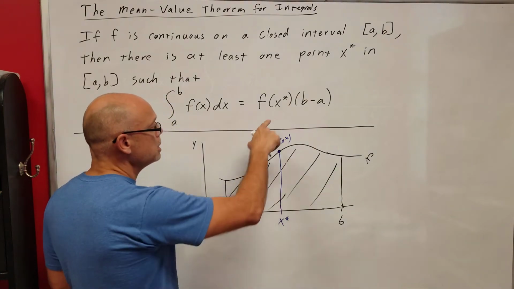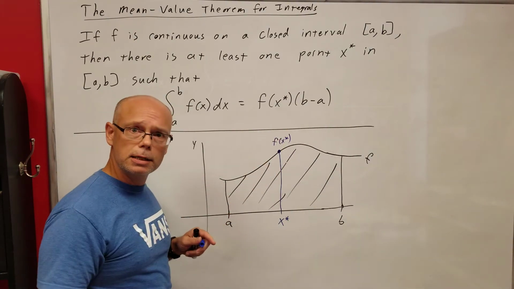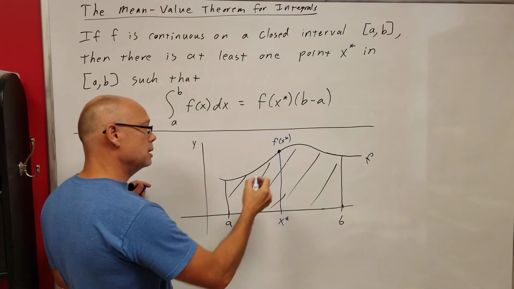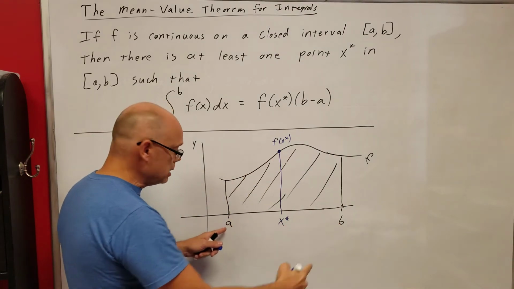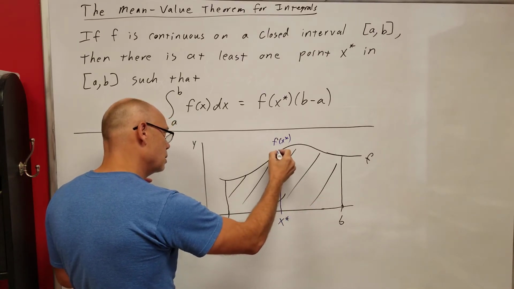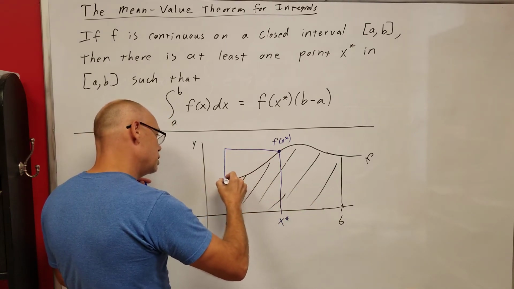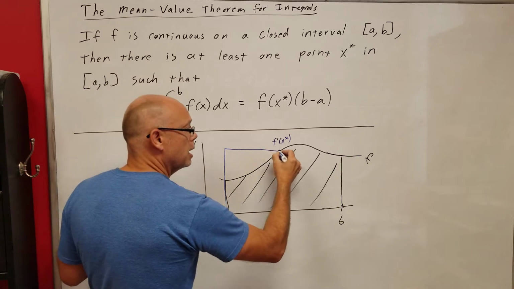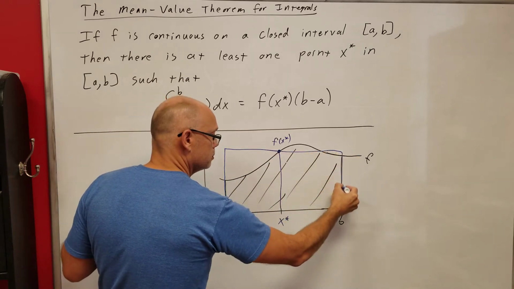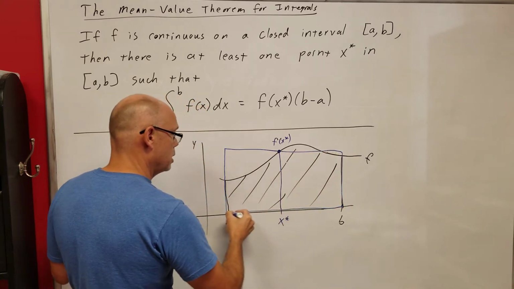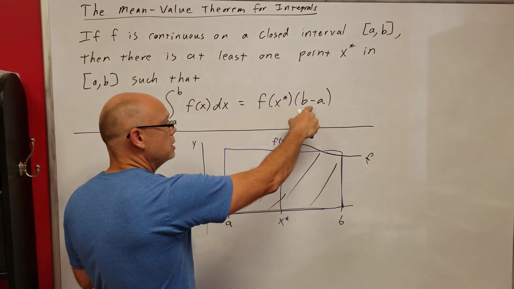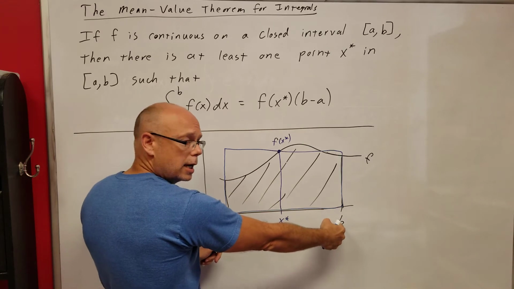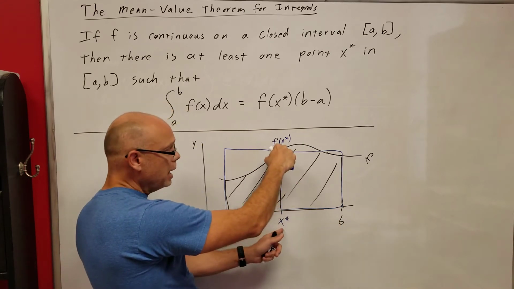And then what is this? f of x star times b minus a. Think about from a to b, okay? b minus a is the length of that interval. What we're going to think of geometrically right here is that we have a rectangle here, okay? This is a rectangle with width b minus a and height f at x star.